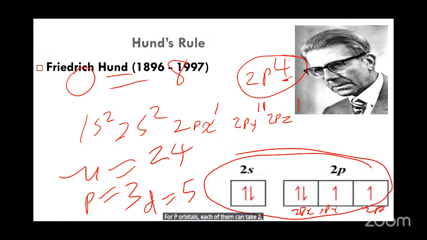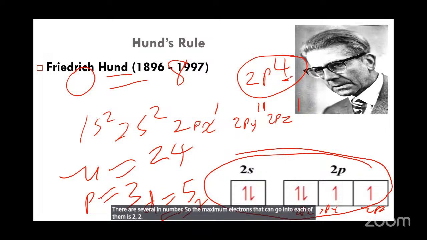So the maximum number of electrons that can go into the p orbitals is 6. And for f orbitals, there are 7 in number. So the maximum electrons that can go into each of them is 2, and that will give you 14. So we use that to address the electronic configuration of the lanthanides and the actinides.